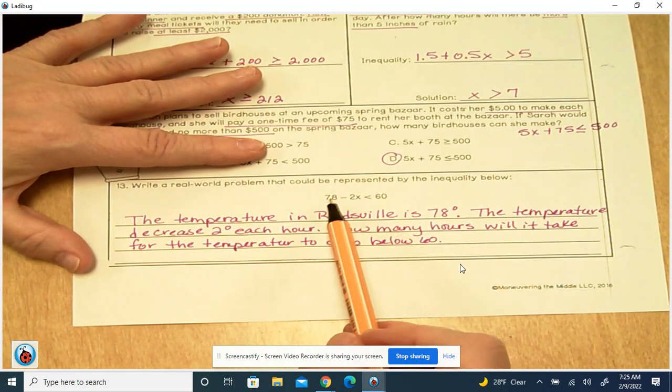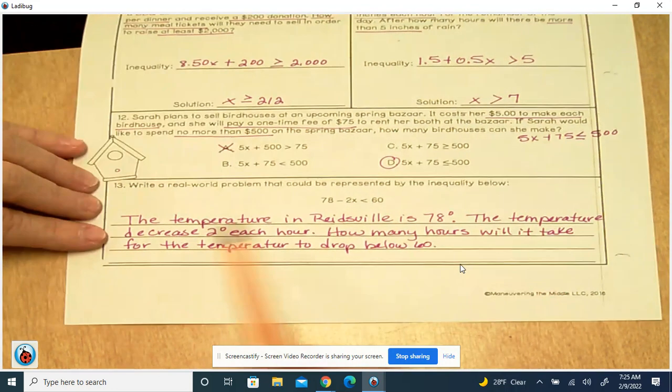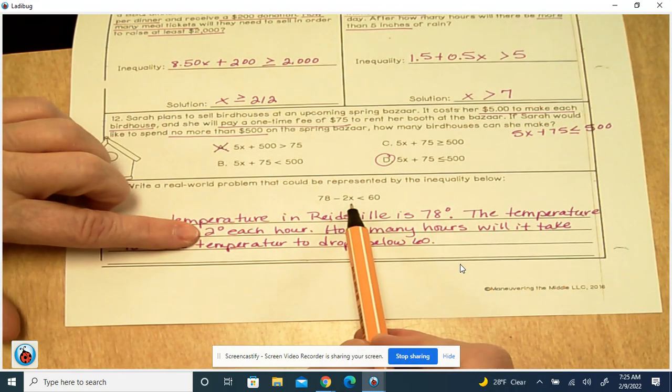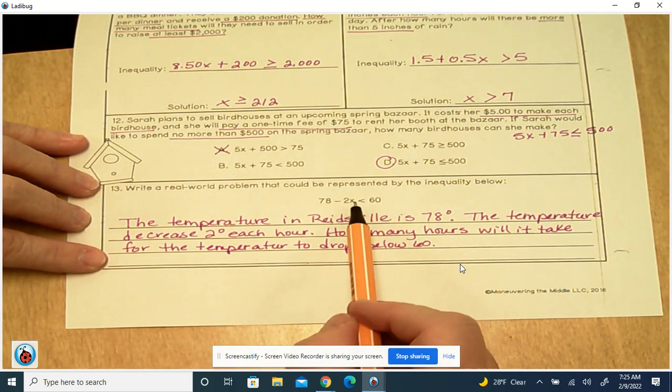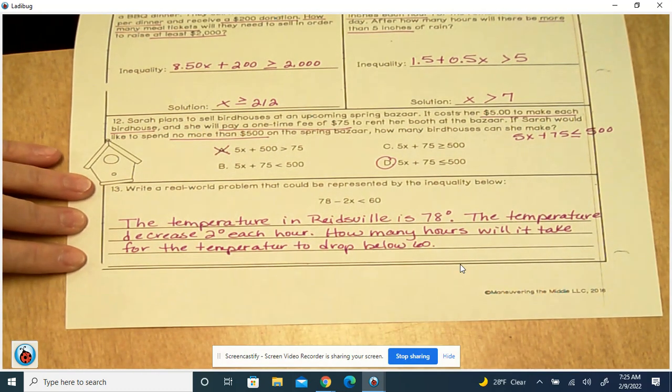So the temperature in Reedsville is 78. The temperature decreases, that's the negative, 2 degrees each hour. How long will it take for the temperature to drop below 60? And that's a real world example of an inequality.